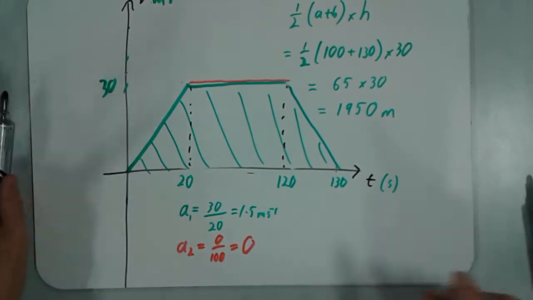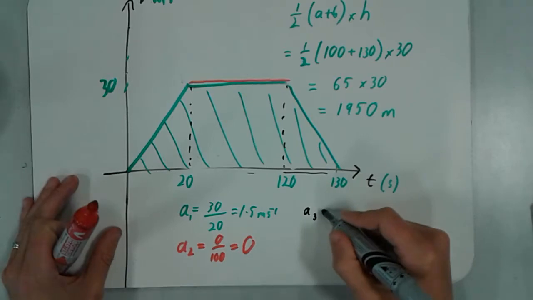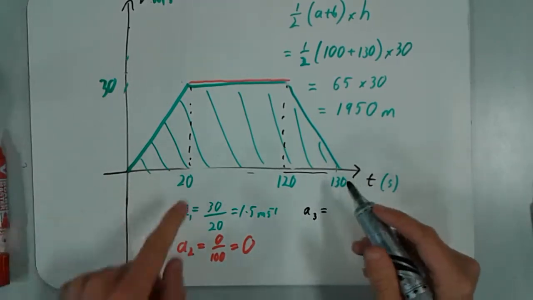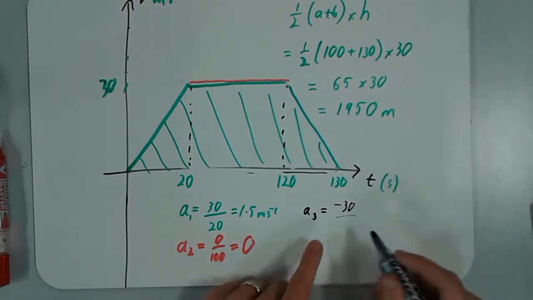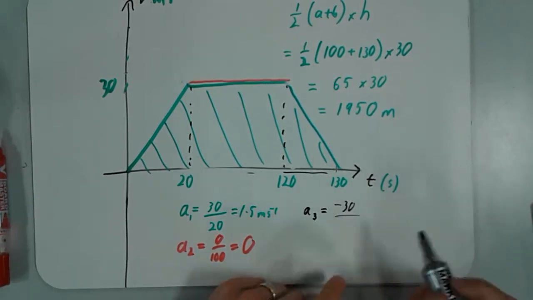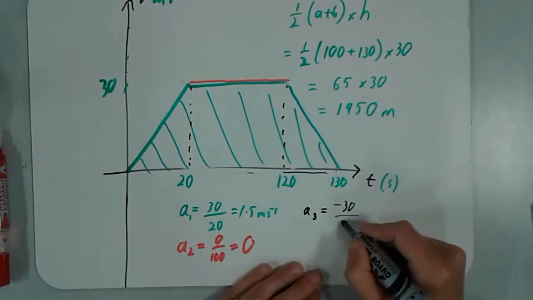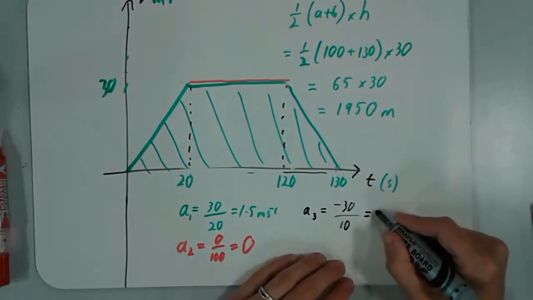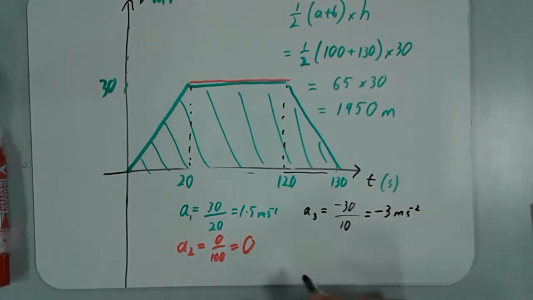And then finally we have this third section here, let's call it A3. We have an acceleration of minus 30, we've lost 30 meters per second. Remember, acceleration is a vector, it can be negative, we need to describe a direction. And that took 10 seconds. So we have a deceleration of minus 3 meters per second squared.